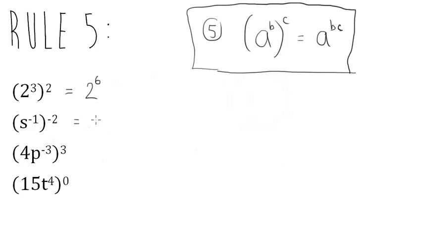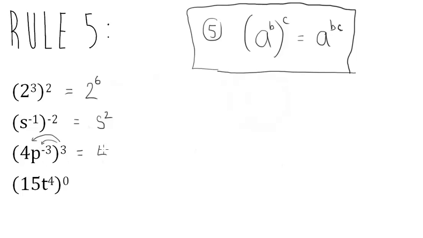We've got s, the same base, to the power of -1 multiplied by -2, which, 2 minuses give a positive, is s squared. Next one, now again, as in the last rules, this applies to both things in the bracket.